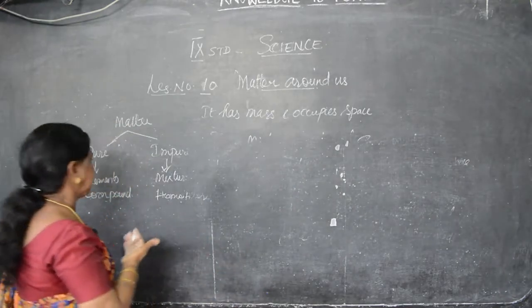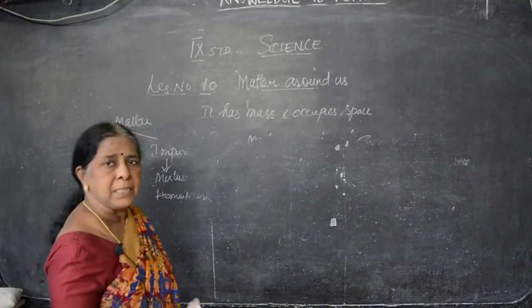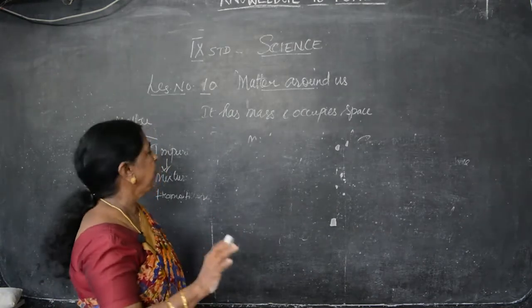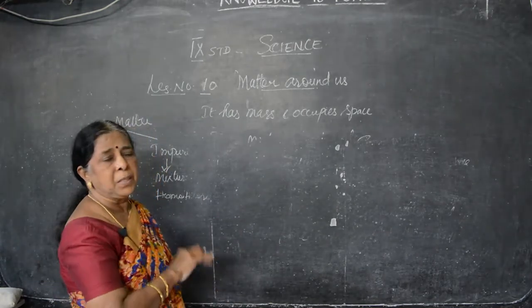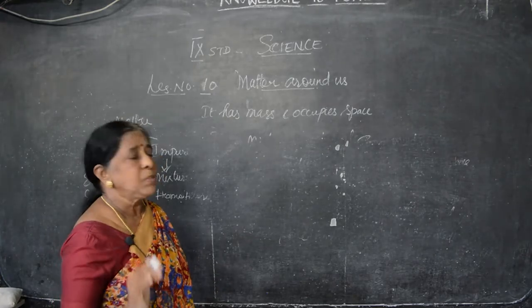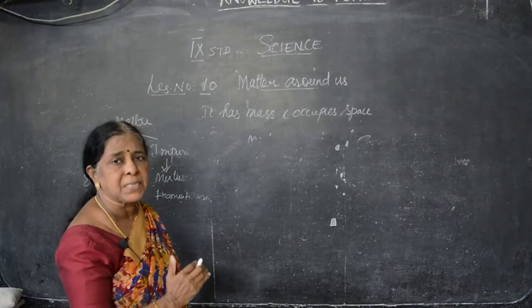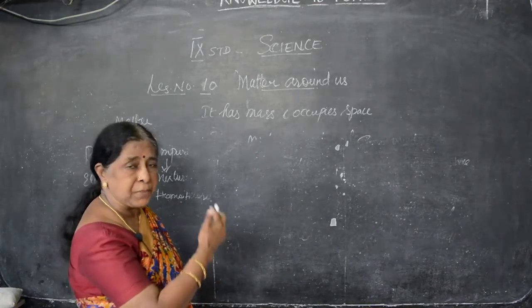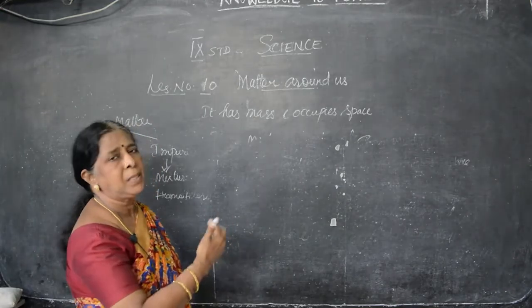Pure substances are element and compound. Element, I said, is made up of one kind of atom. Compound has more than one, but they seem to be the same. Then mixtures are impure substances, which are homogeneous and heterogeneous. You have seen the differences between elements and compound first, and second the differences between compound and mixture.